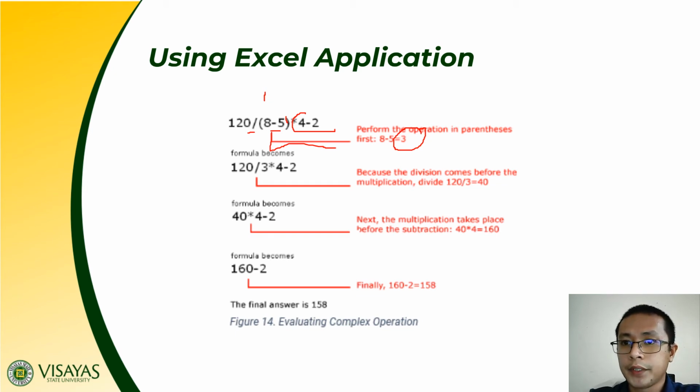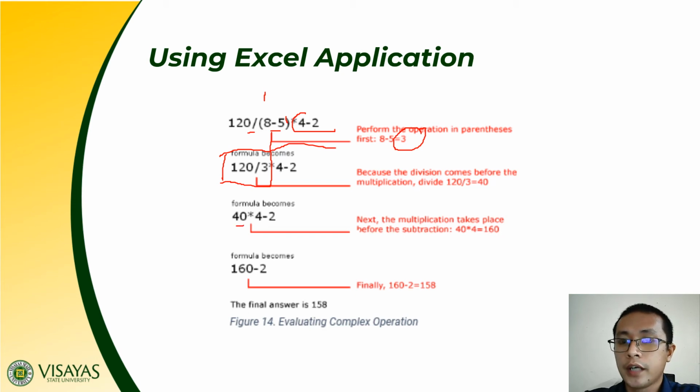And then from here, it will then follow the MDAS rule, multiplication or division, whichever comes first. So in this case, division comes first, therefore, we have to divide first the value here, 120 divided by 3. This is evaluated first because division comes first, which will give us 40.